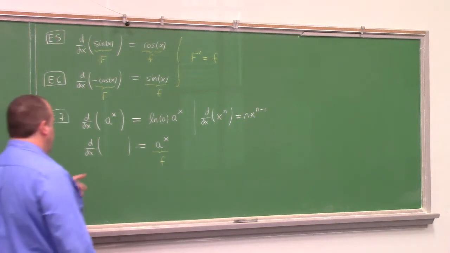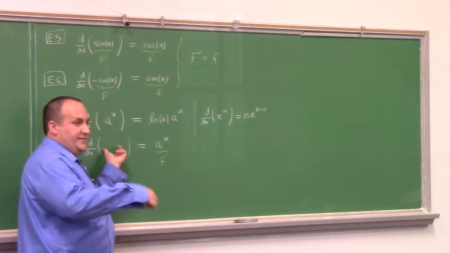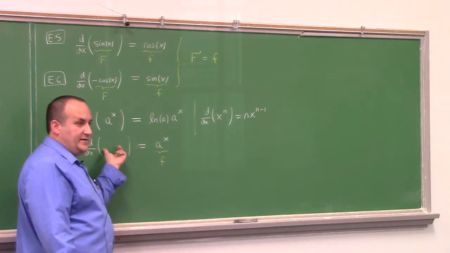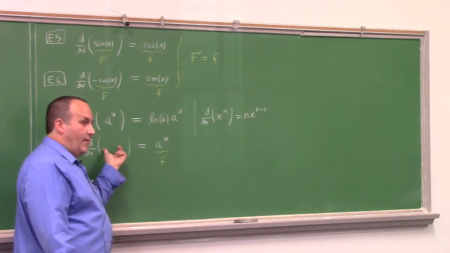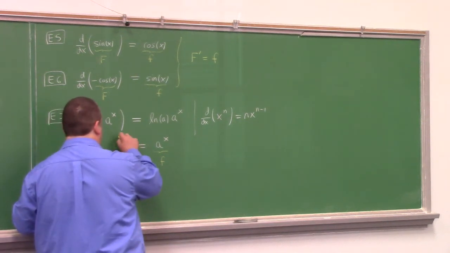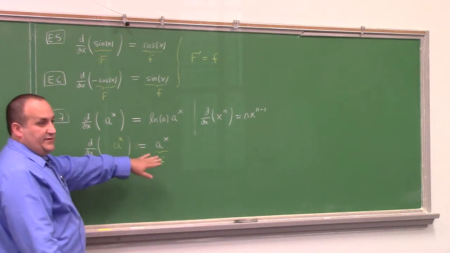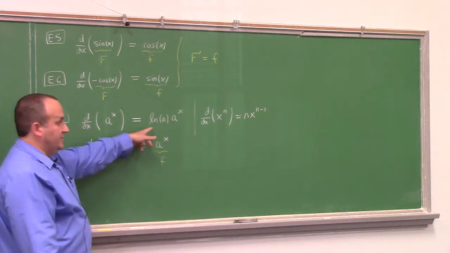Well, if I put natural log of a times a to the x, then when I differentiate, I get natural log of a squared times a to the x again, right? So a to the x has got to be in there. If I just put that, this wouldn't be true, because when I differentiate, I get natural log of a.